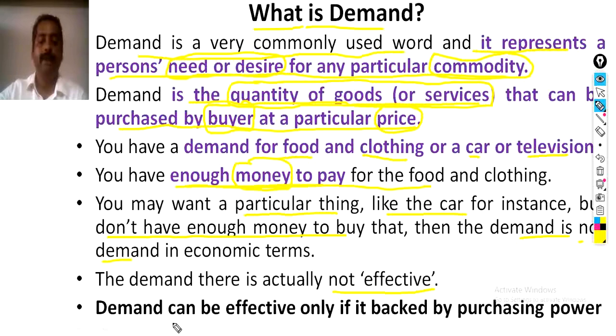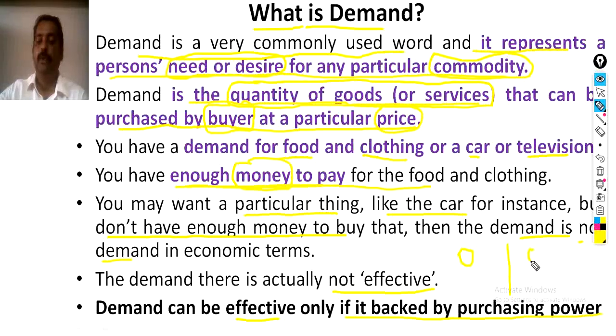Now we can clarify demand in a better way. Demand can be effective only if it is backed by purchasing power. There are two examples. Suppose we go to a mall.